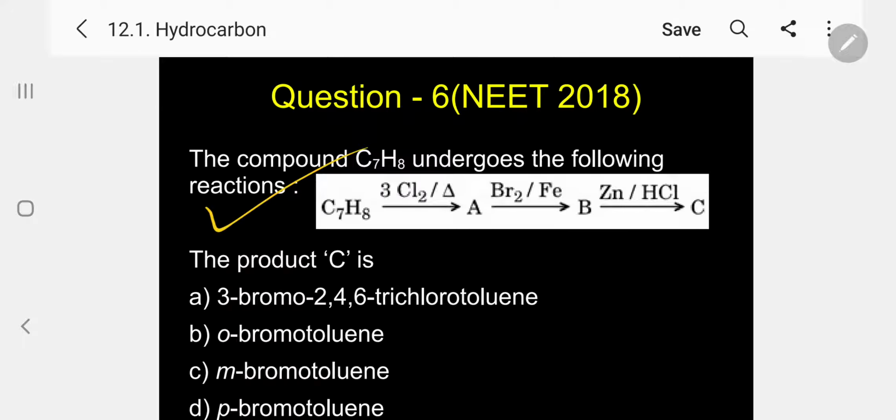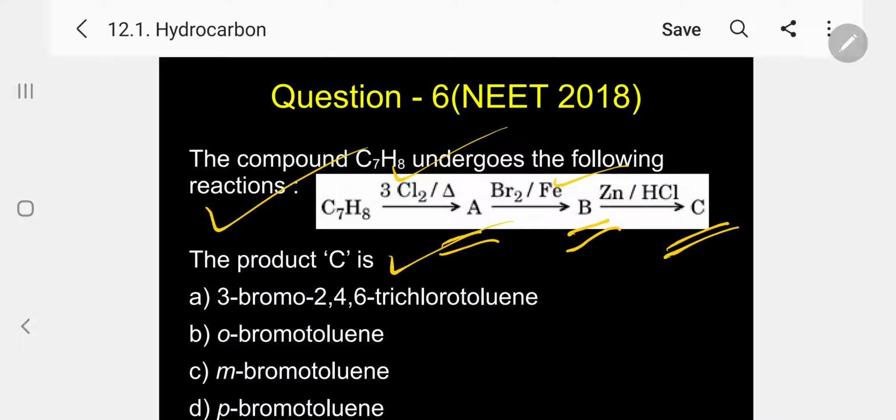C7H8 undergoes chlorination with 3 moles under the action of heat, producing A. A undergoes bromination in the presence of iron, producing B. Then it undergoes reduction in the presence of zinc and HCl to produce C. Zinc and HCl reduction we normally call the Clemmensen reduction. So we have to identify the product C.